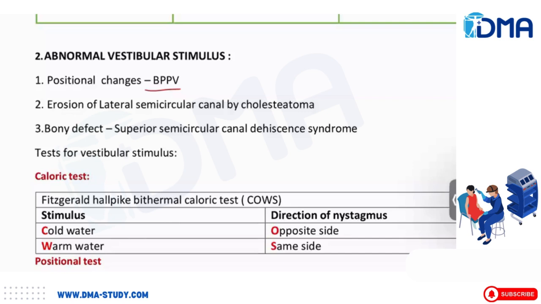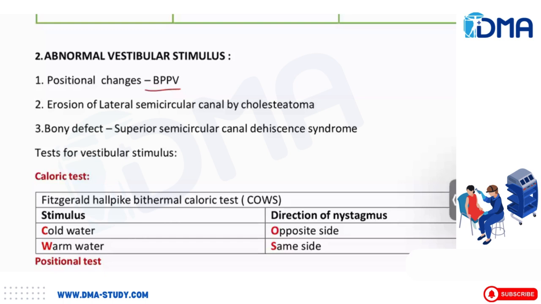Also, a bony defect: superior semicircular canal dehiscence syndrome, which can be tested with a few diagnostic tests. These are abnormal vestibular stimuli creating vertigo and nystagmus for the patient.